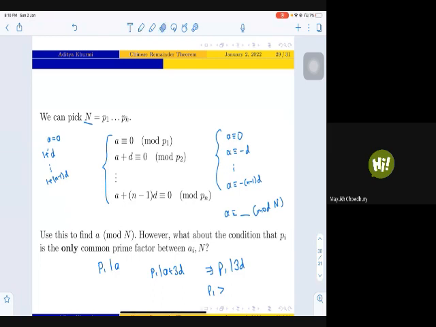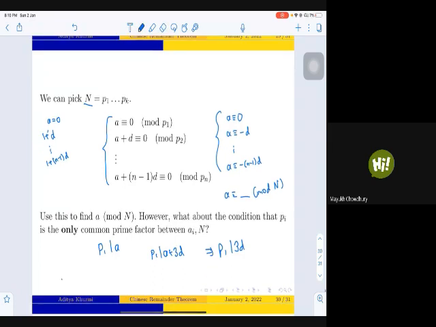So in general, if p_i divides a plus (i minus 1)d, and p_j divides a plus (j minus 1)d, this would imply p_i divides (j minus i)d.